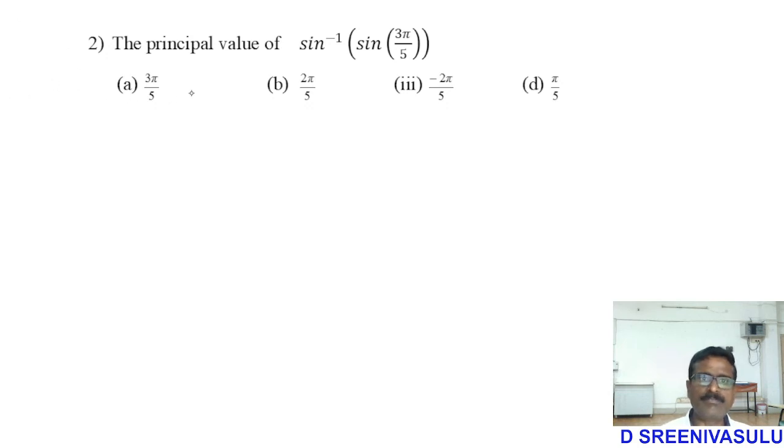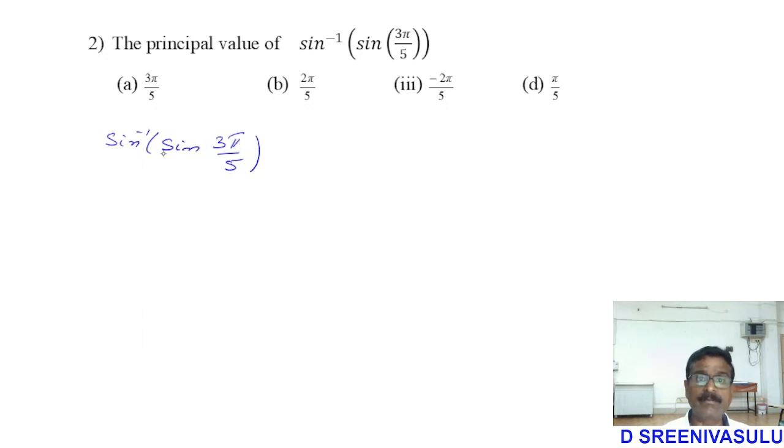Question number 2. The principal value of sin inverse sin 3 pi by 5. It is not equal to 3 pi by 5.